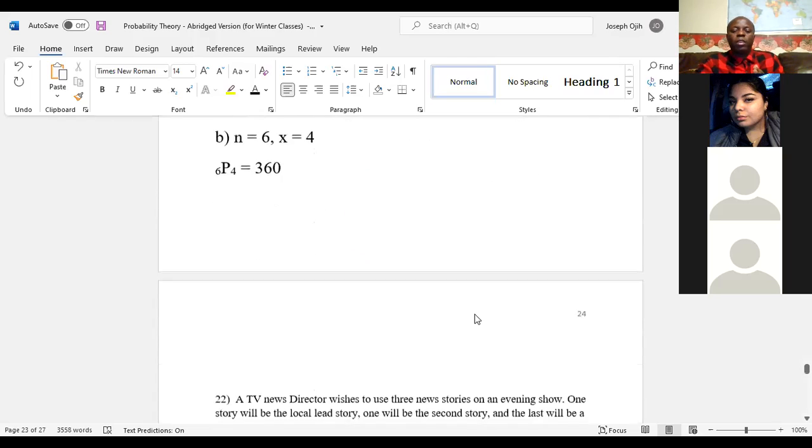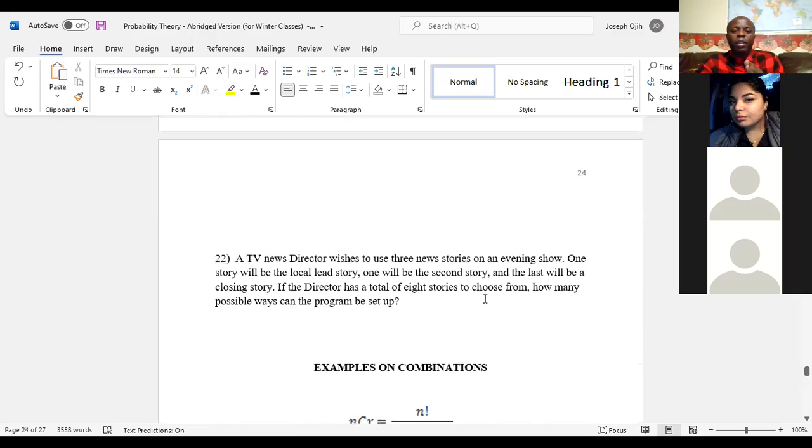So this question refers to permutation because there's a specific order. That tells us that permutation is good for this. If the director has a total of 8 stories to choose from, how many possible ways can the program be set up?